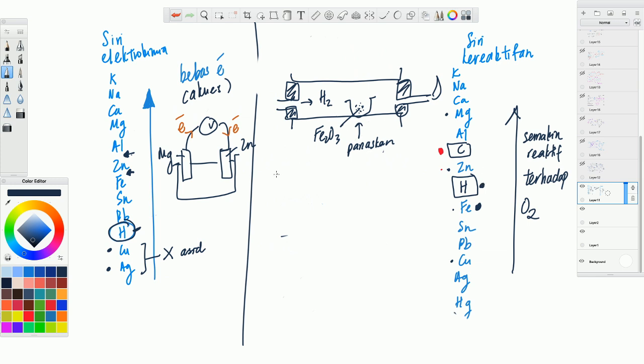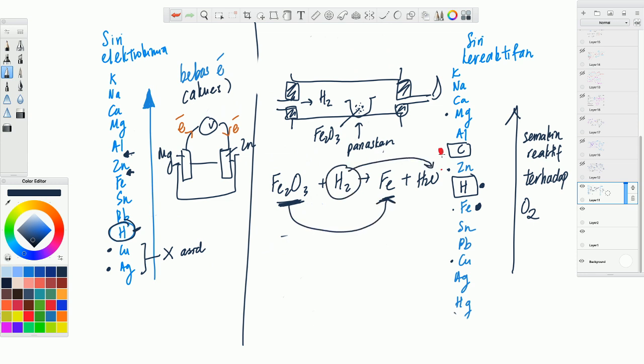So, hidrogen akan curi oksigen daripada ferrum. Okey. So, dia boleh menurunkan Fe2O3 menjadi Fe. Okey. Ini mengalami penurunan. Hidrogen mencuri oksigen dia.